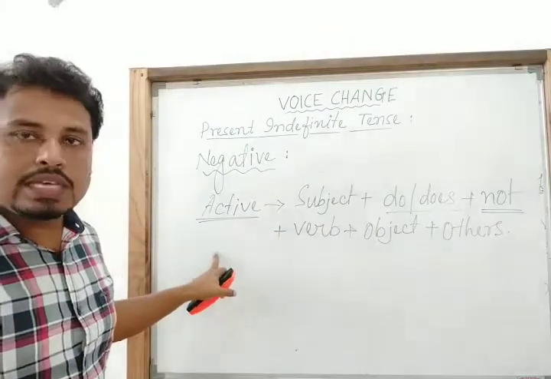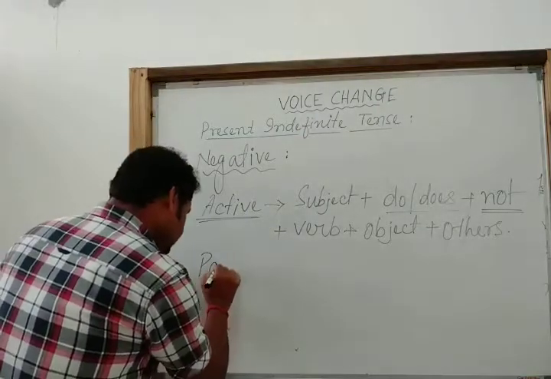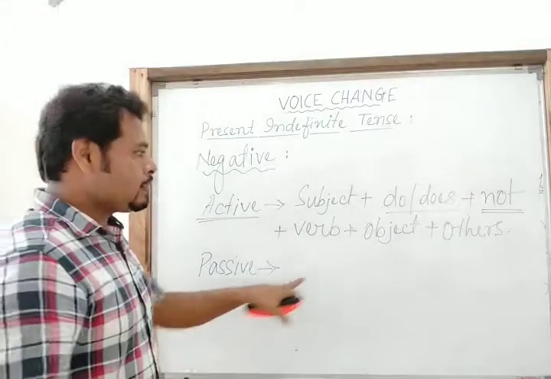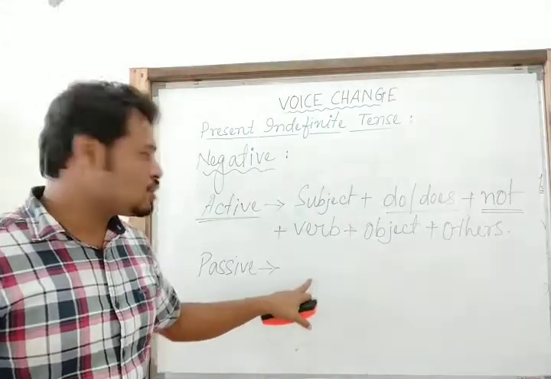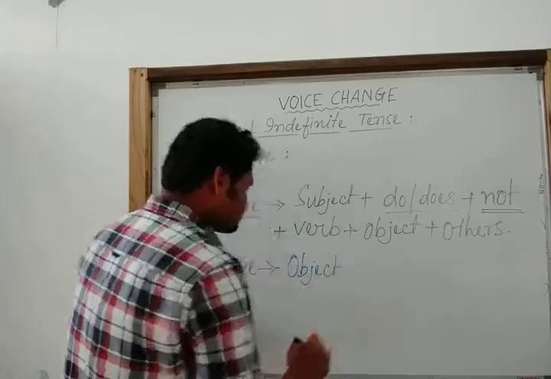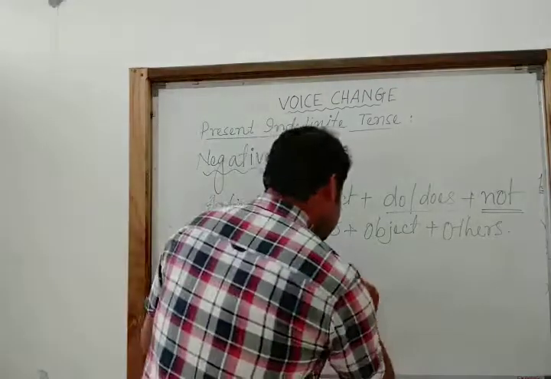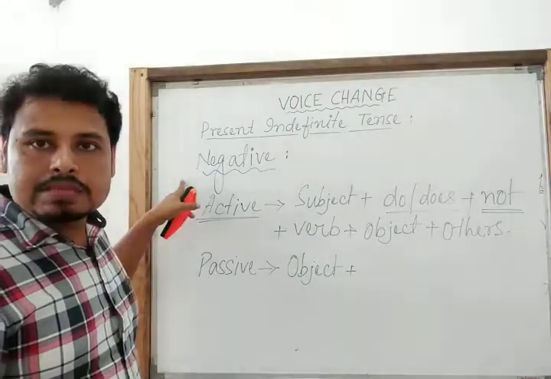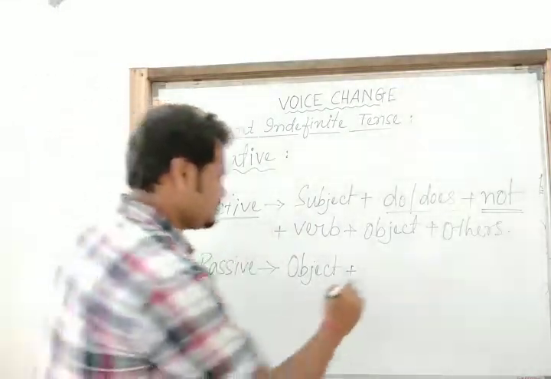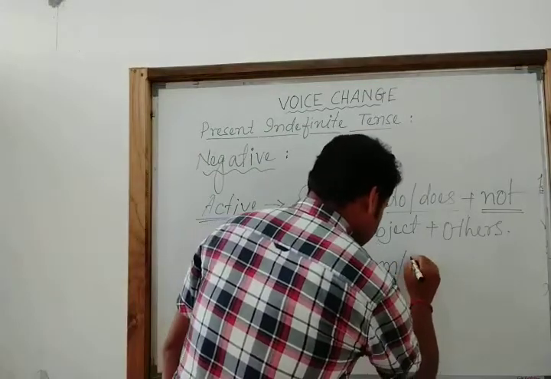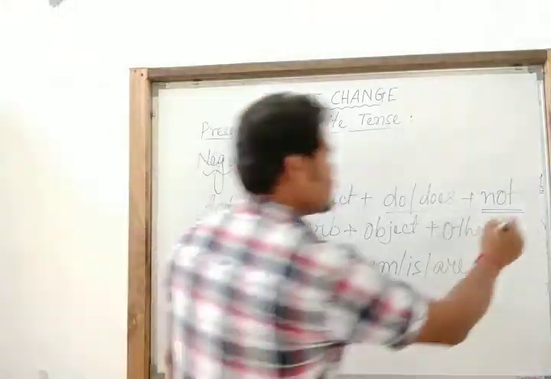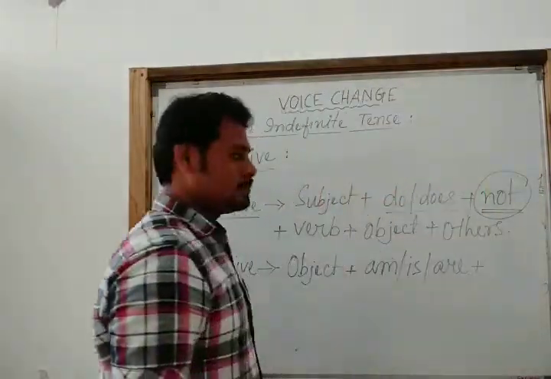So let us try to change it in passive form. All of us know that the object becomes the subject. So let us put the object first. Then just like the affirmative sentences, we need to use the be verbs: am, is, are. Then we are going to use this not as it is.